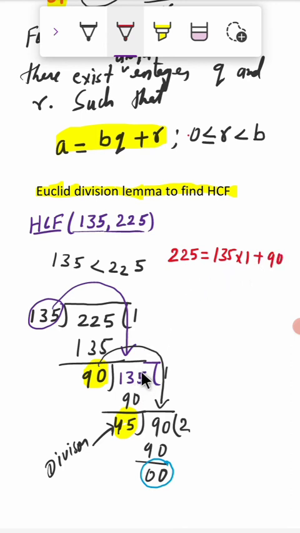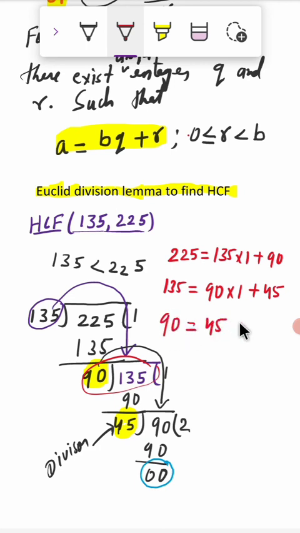Then in the next step here we have divided the 135 by the 90 and we have read the table 1 and plus our remainder is 45. Then again we have divided the 90 by the 45, that is 2 and our last remainder is 0.